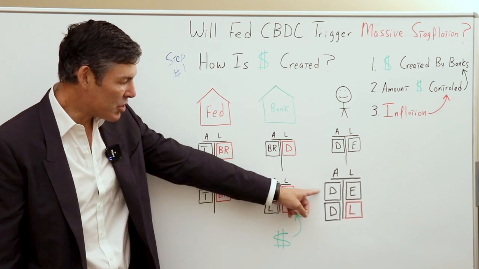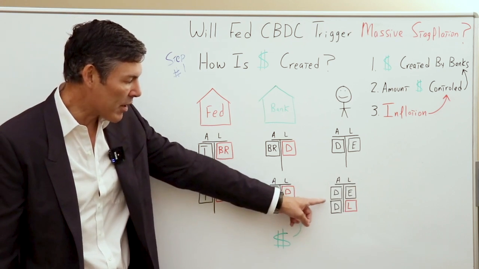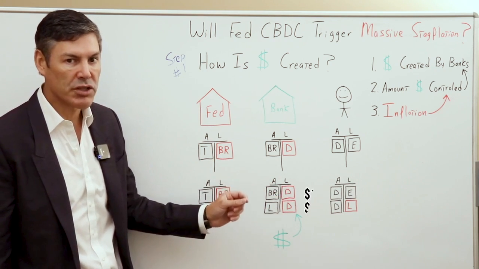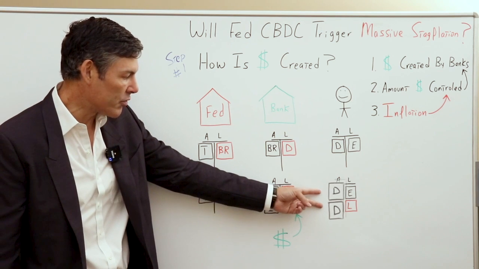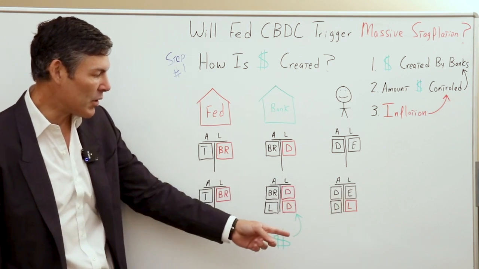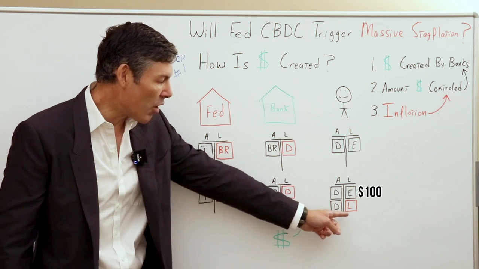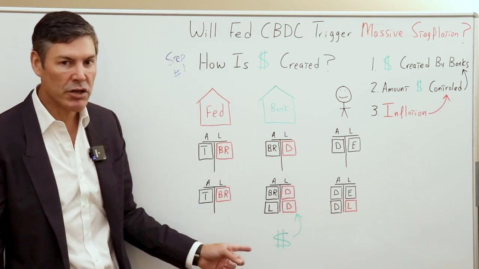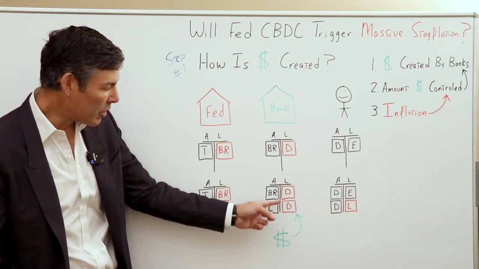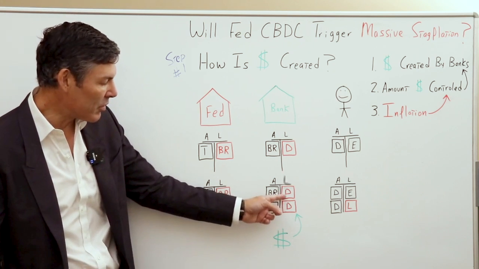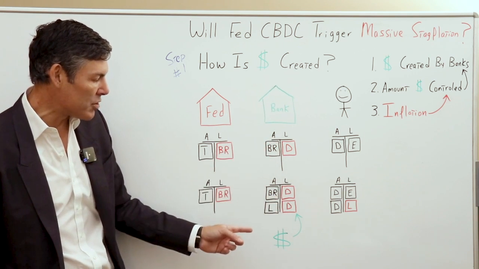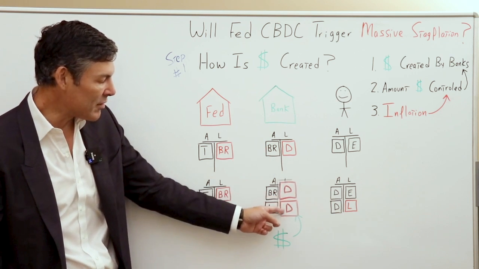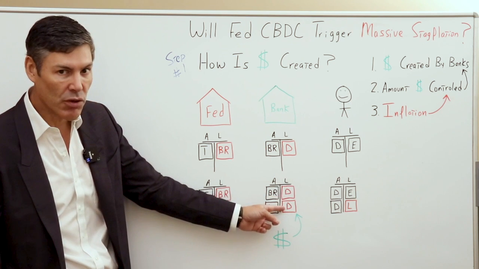So his balance sheet now has 2 deposits. We'll say 2 $100 deposits, so $200 total. Has the same amount of equity, $100 bucks, but now he also has a loan where he owes the bank $100. But look at what has happened to the liability side of the commercial bank's balance sheet. It's increased by $200.